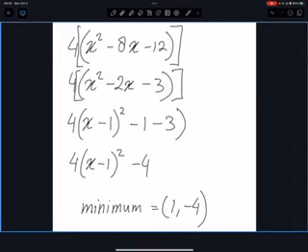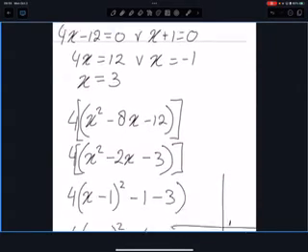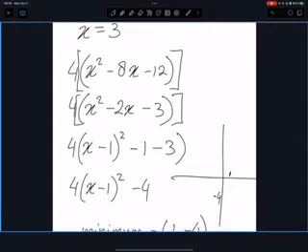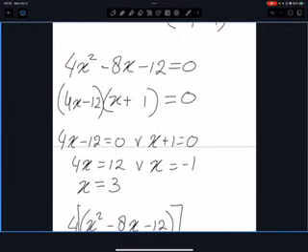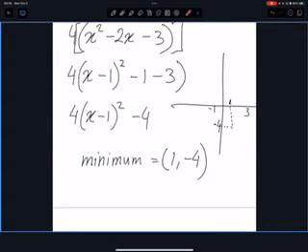So when I sketch it, I understand that. The minimum is at 1, minus 4. The roots are minus 1 and 3. Remember, these are the roots.